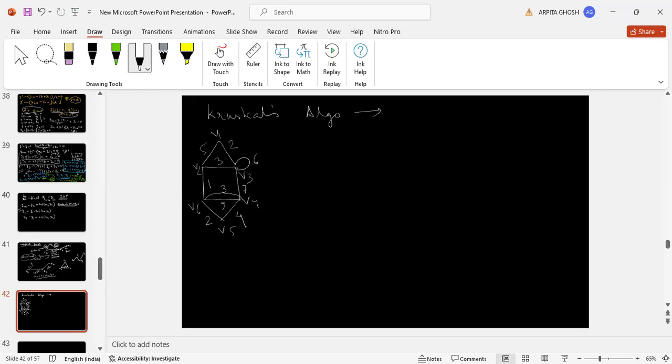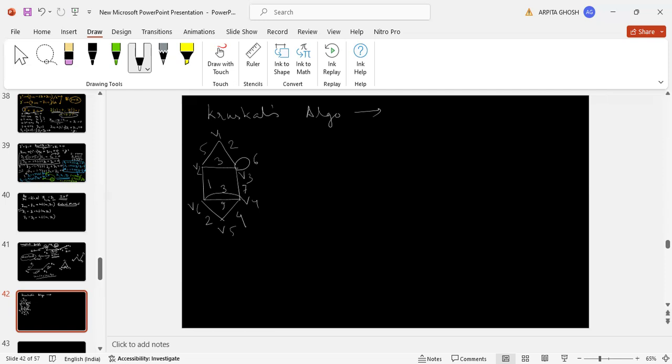Suppose these are the weights of the edges. First thing what we'll do, we will remove the self loop, and if there are parallel edges, we will consider the one which has lesser weight.